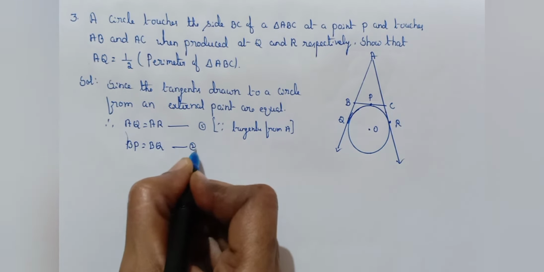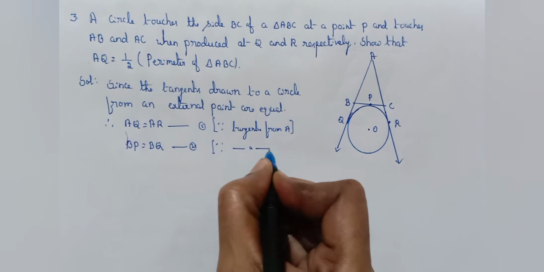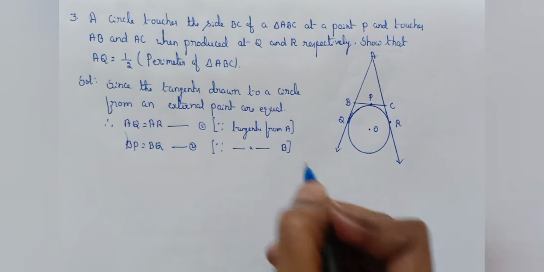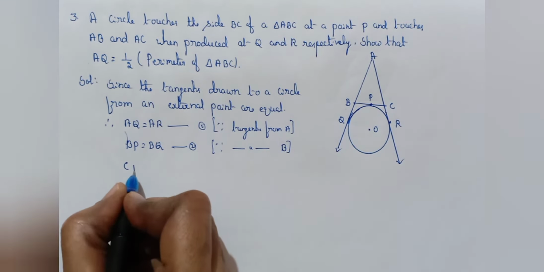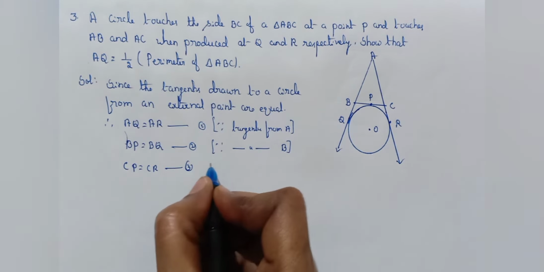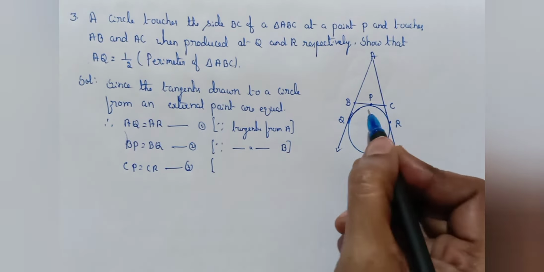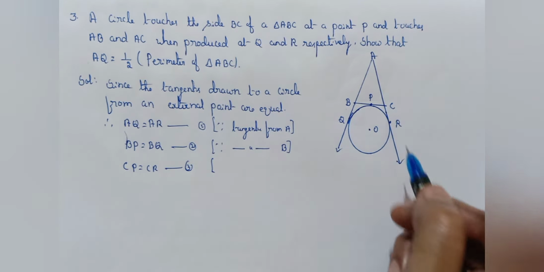Consider this as equation 2, tangents from point B. And CP is equal to CR. Consider this as equation 3, because CP and CR are the tangents drawn to a circle from an external point C.